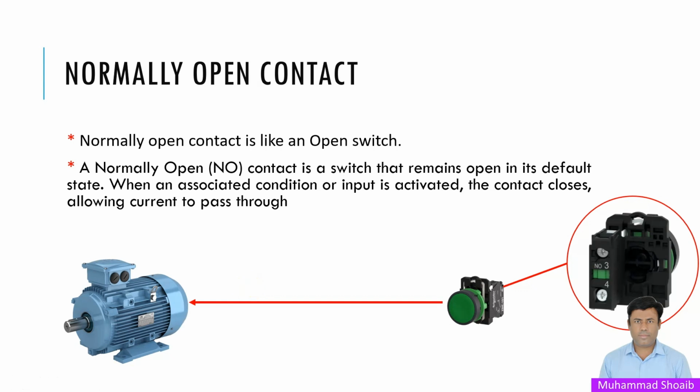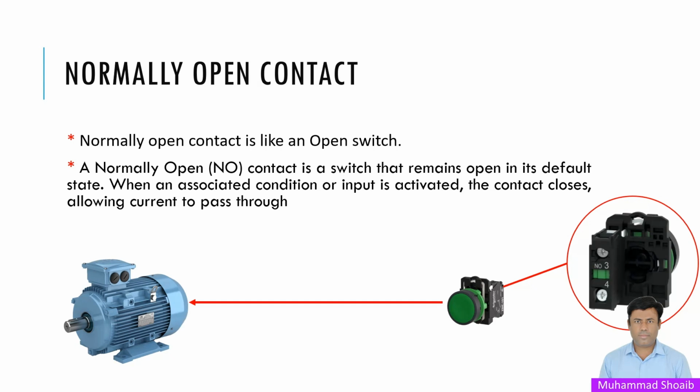In a similar manner as the NO contact works in a relay logic control system, in PLC programming also the NO contact works the same. In the default state, it will be open or off.